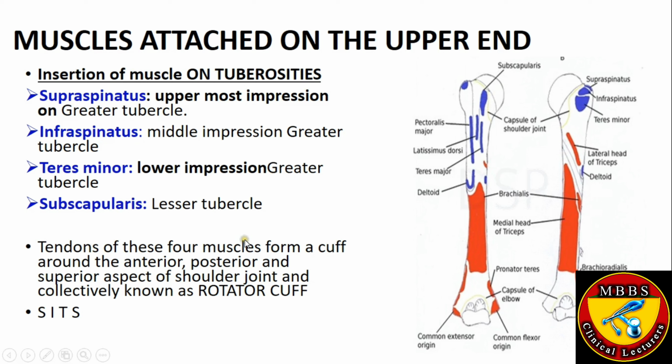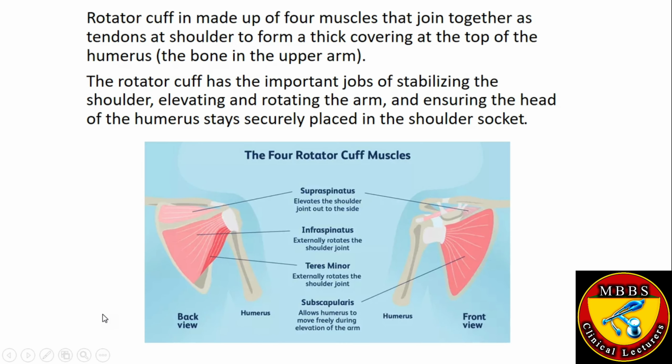Now the tendons of these four muscles form a cuff around the anterior, posterior and superior aspect of the shoulder joint, and are collectively known as the rotator cuff. An easy way to remember the names of the muscles is SITS: S for supraspinatus, I for infraspinatus, T for teres minor, S for subscapularis.